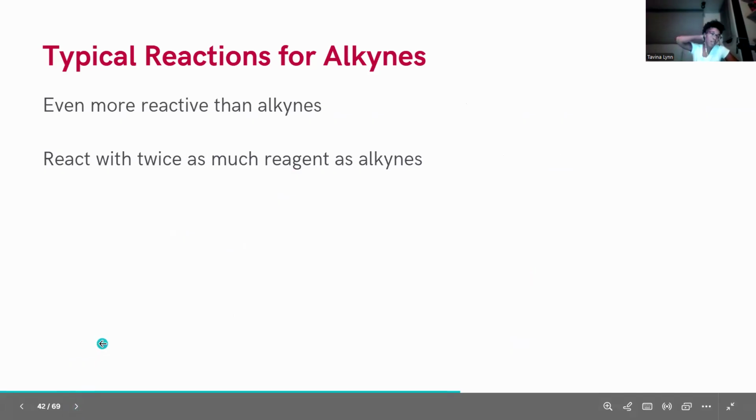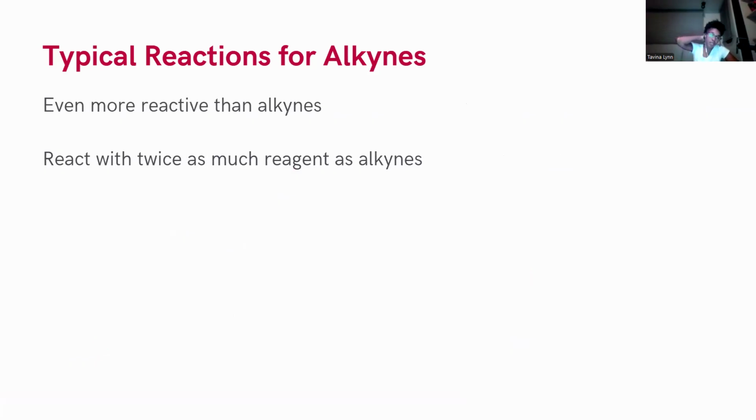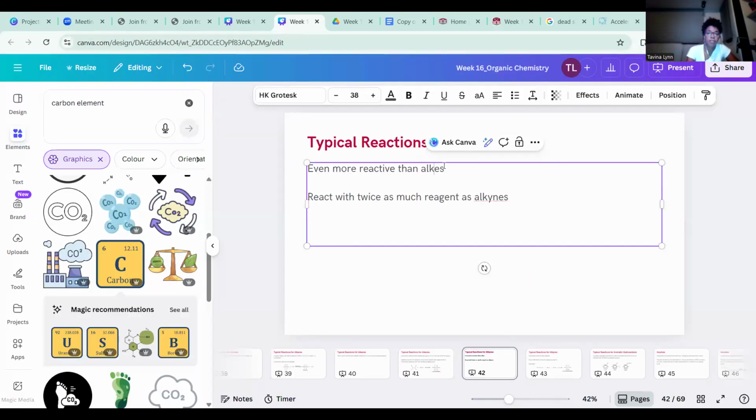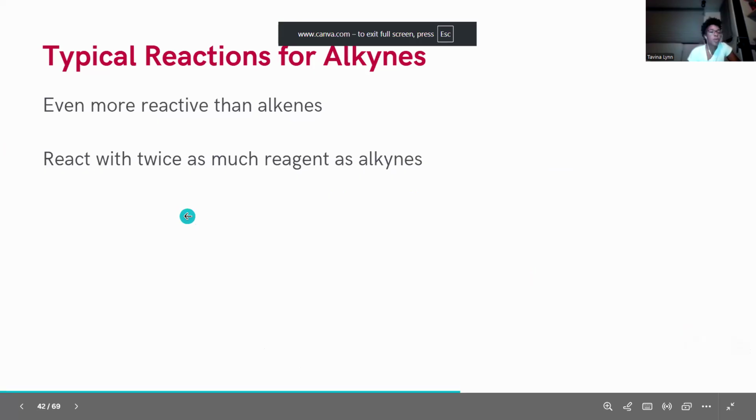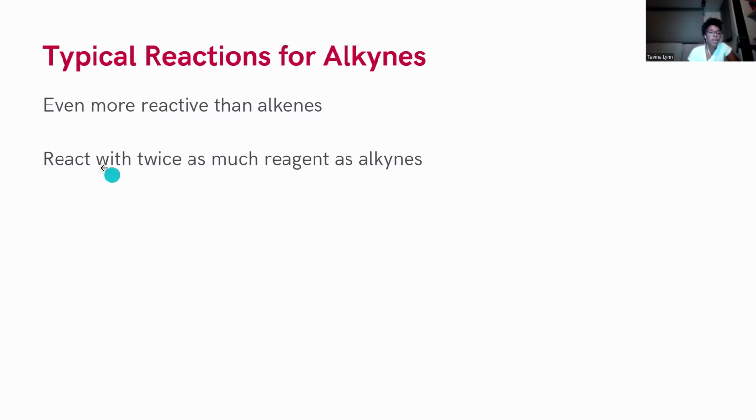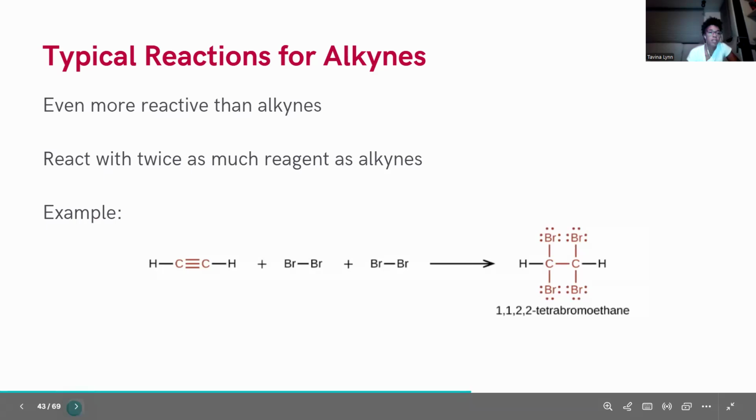Alkynes are even more reactive, and that should say alkenes, it's even more reactive than alkenes. In a reaction with an alkyne, we react it with twice as much reagent as with alkenes.